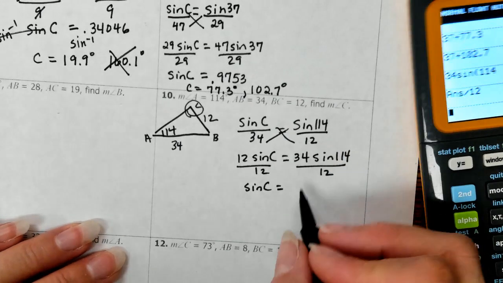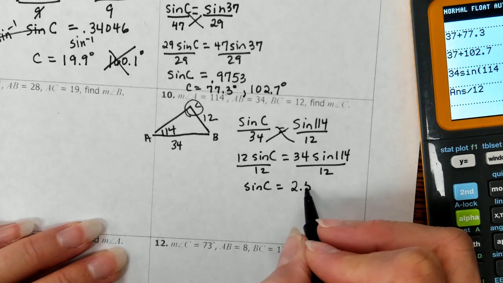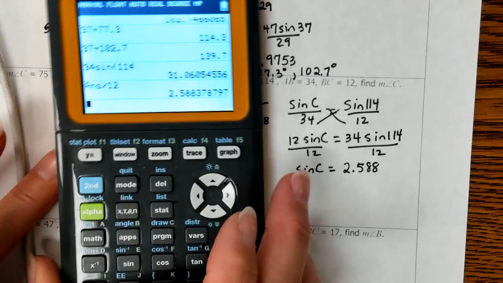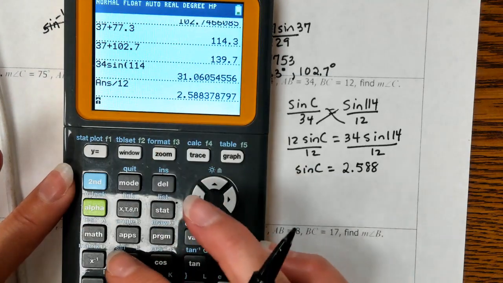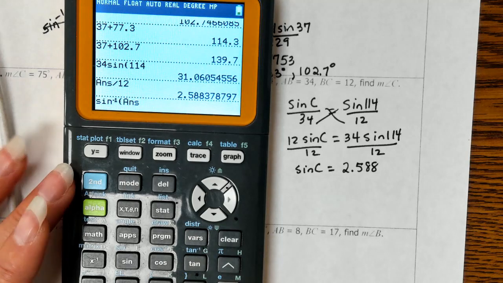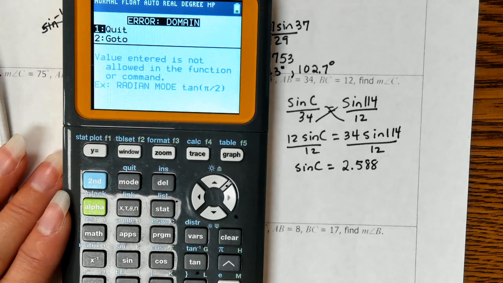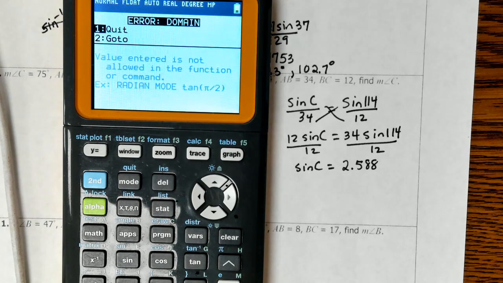And you get a 2.588. If you do your inverse sine of that answer, okay, we get an error message.